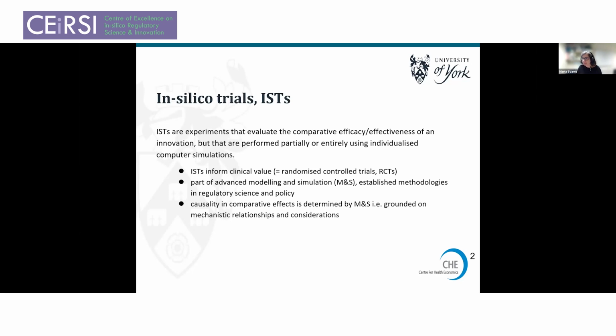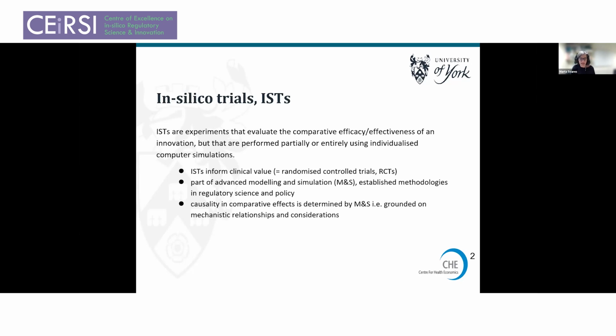These are defined here by myself, so potentially not too accurate, as experiments that evaluate comparative efficacy and effectiveness of an innovation, but that are performed partially or entirely using individualized computer simulations. In this presentation, I'll focus on the case where the IST informs the assessments of clinical value, so the benefit-harm profile or net benefit of the technology.